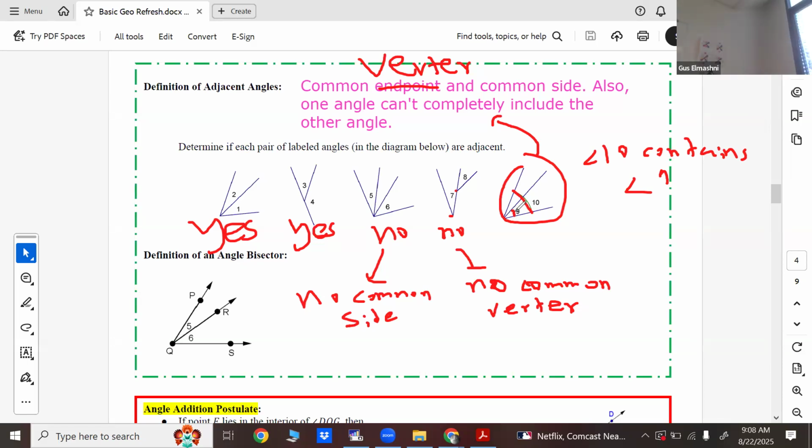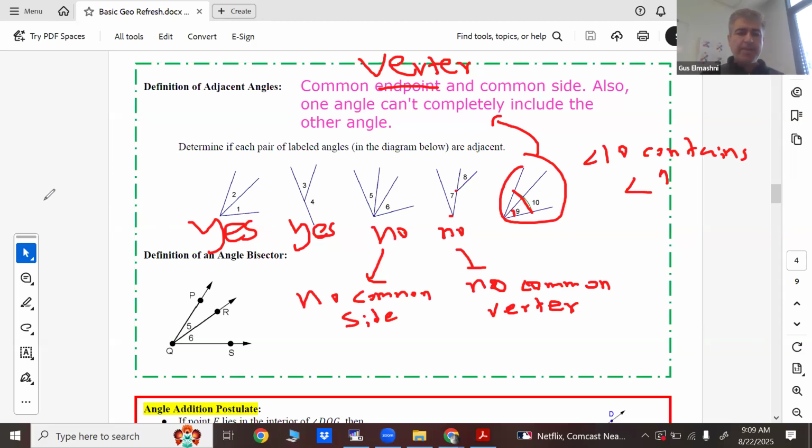It's completely containing it, so it doesn't count. Questions on that? So 1, 2, 3, 4, yes. 5, 6, 7, 8, 9, 10, no. The reason for 5, 6: not a common side. Reason for 7, 8: not a common vertex. Reason for 9, 10: angle 10 completely contains angle 9. It's not okay.